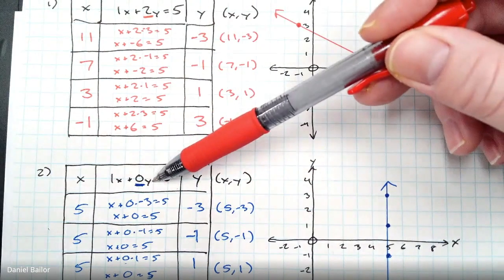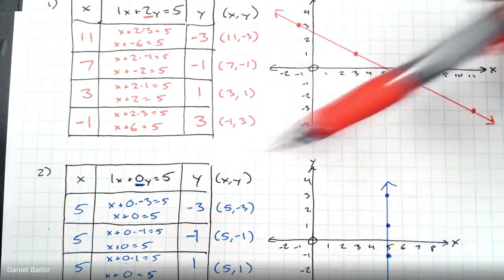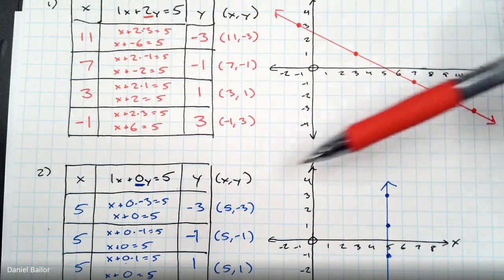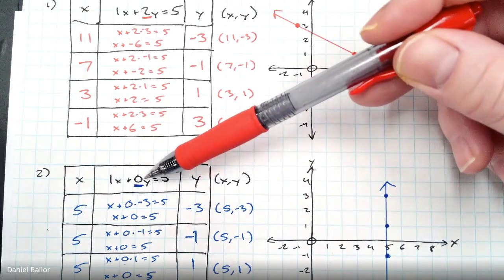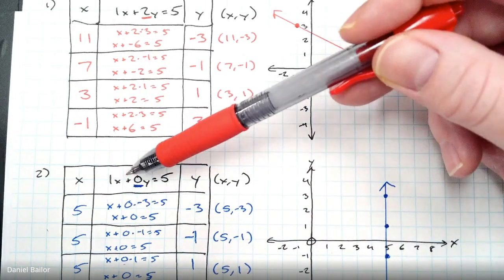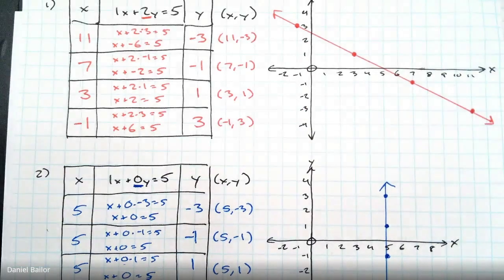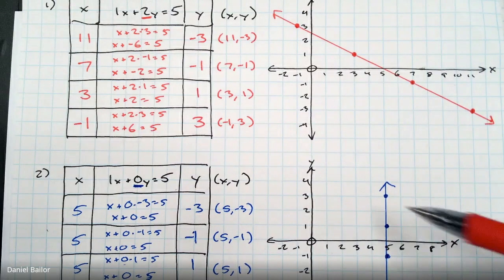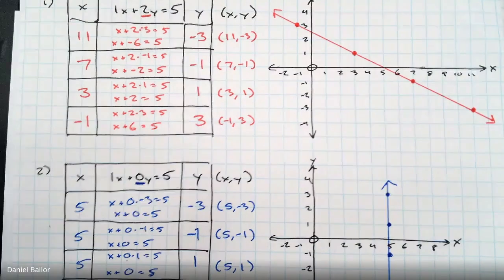When y's coefficient was 0, we made a vertical line because y does not change, which means x is always going to be 5 in this. y has a 0 value. So because y changes the vertical, x is always 5.